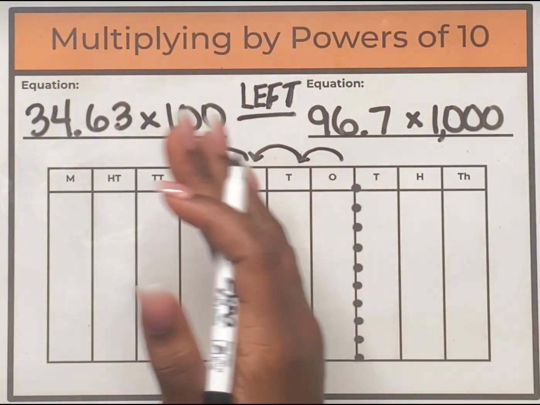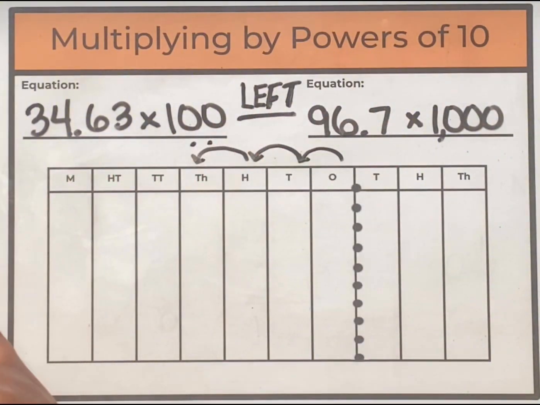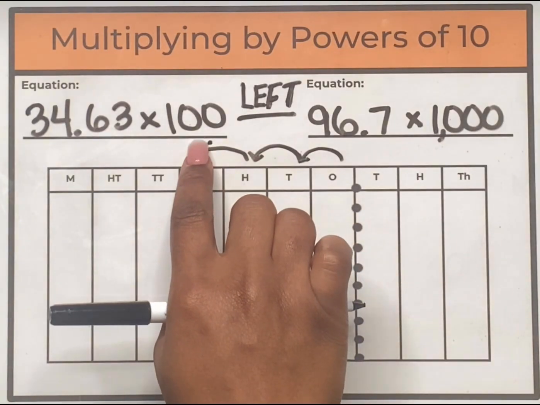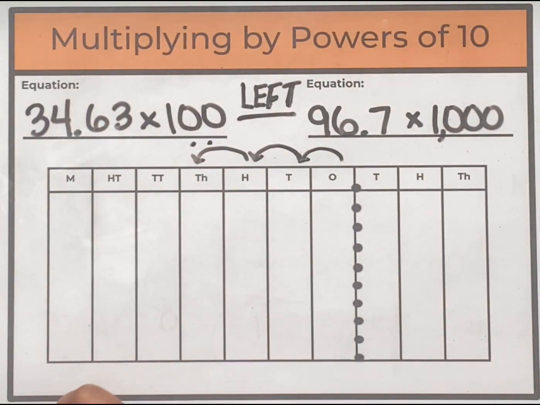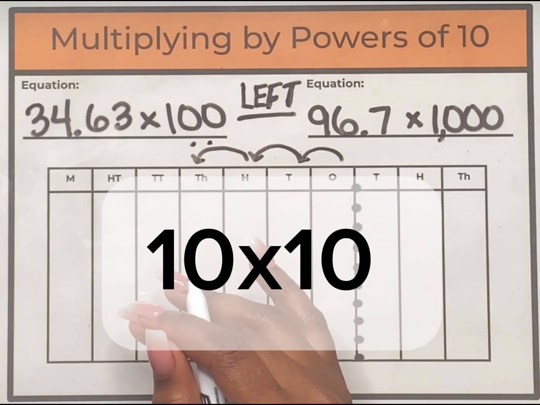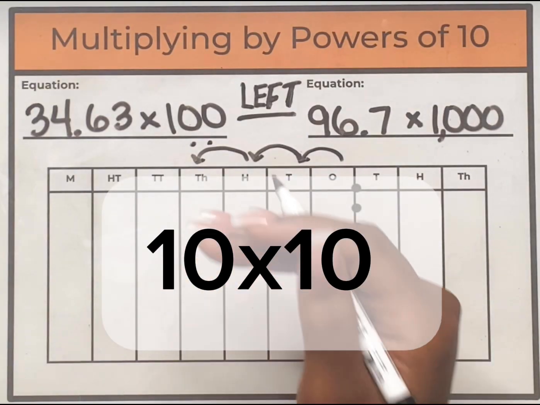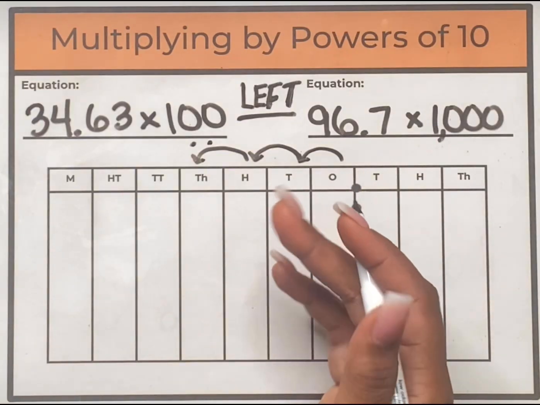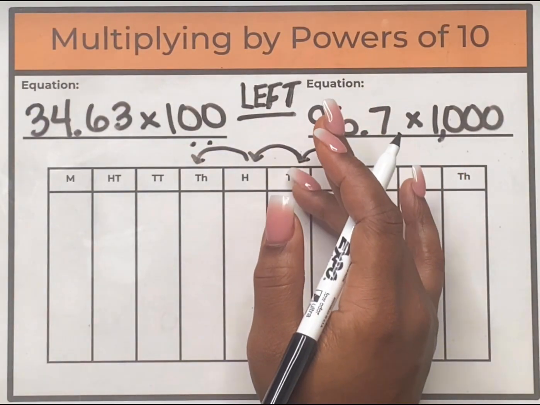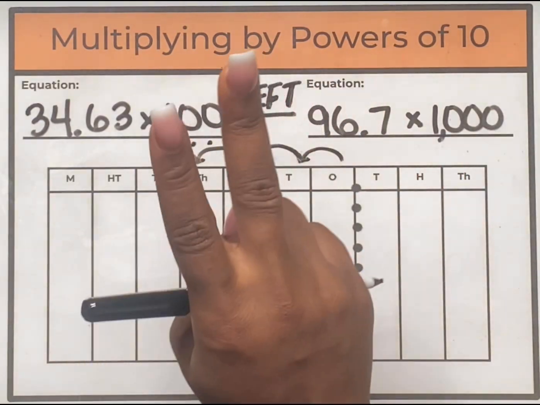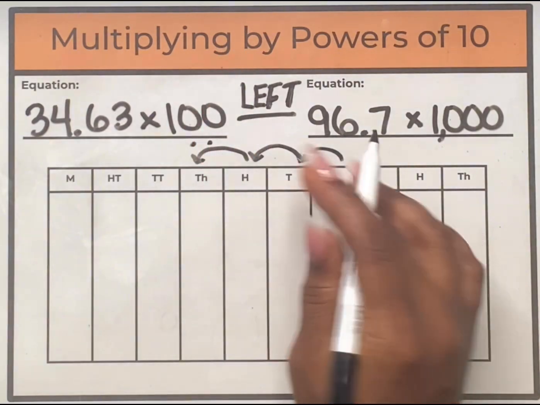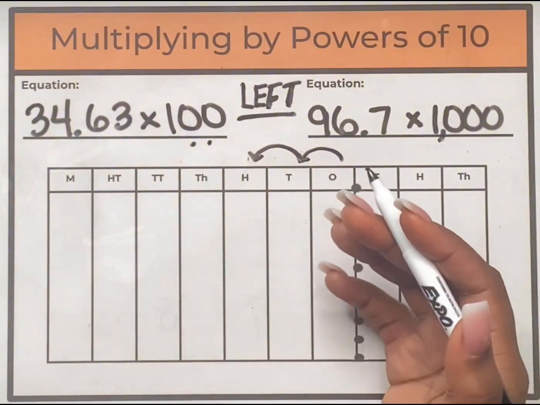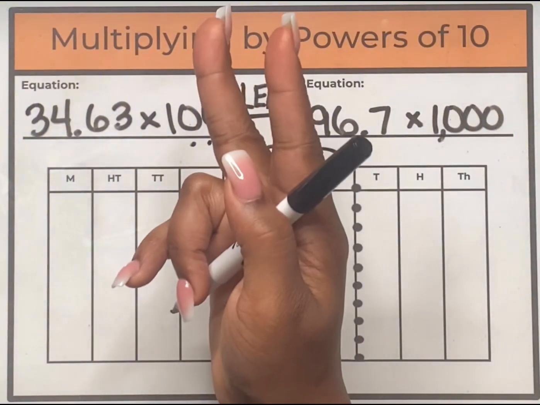So it's times 10 every time we move to the left. So how do we get 100 if we're multiplying by tens? If you said 10 times 10 is 100, you're correct. So that's 2 shifts. Now that I know that, I'm going to be going to the left 2 times.